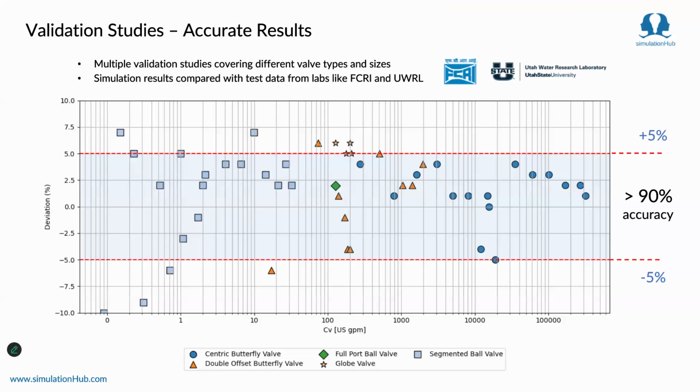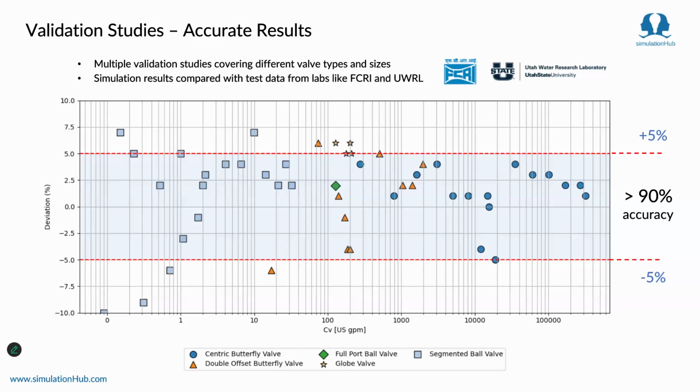The valve types covered include butterfly valves, all types of butterfly valves, offset, full port, ball valves, globe valves, and segmented ball valves as well. So the accuracy we observed is that for almost every case it falls within plus or minus 5%. There are a few outliers, and again they fall in that 10% deviation range.